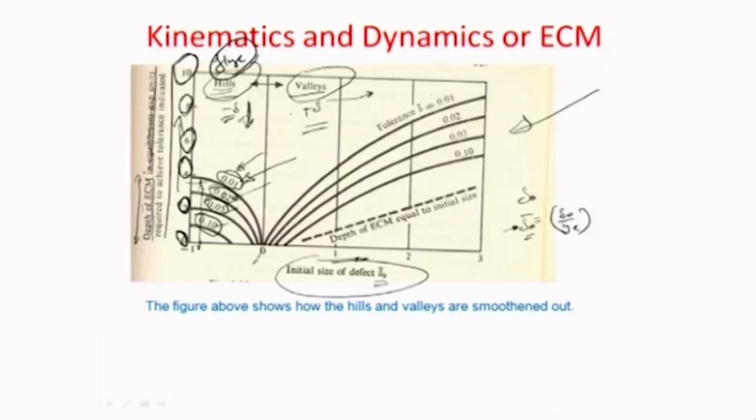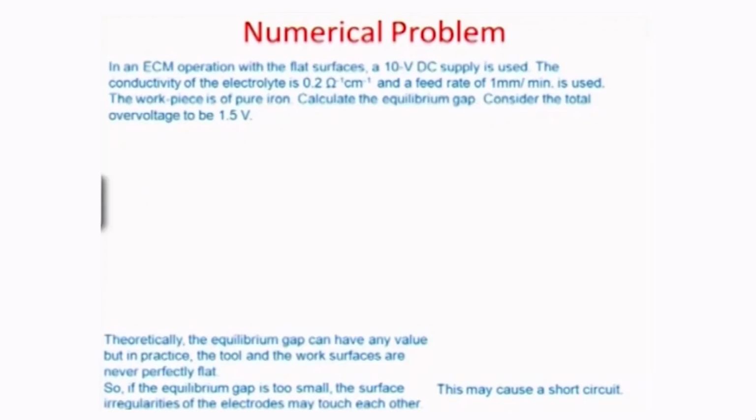So, let us now look at some numerical design problems. Let us say in an ECM operation with a flat surface, as you can see here, a 10 volt DC supply is used, and the conductivity of the electrolyte is given here as 0.2 ohm inverse centimeter inverse.